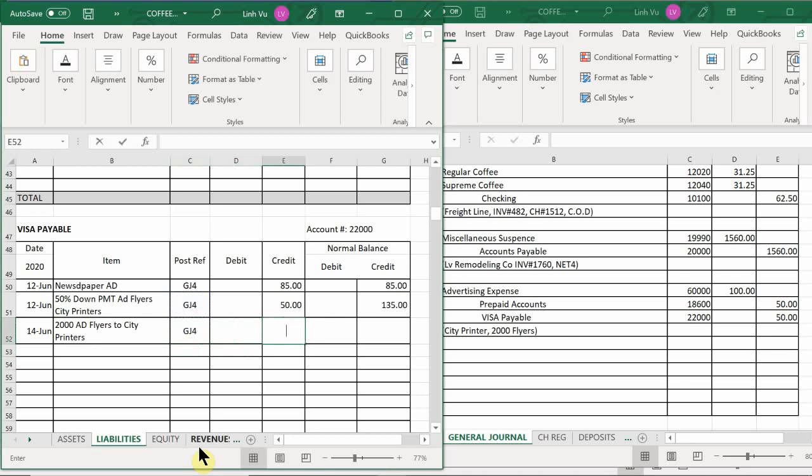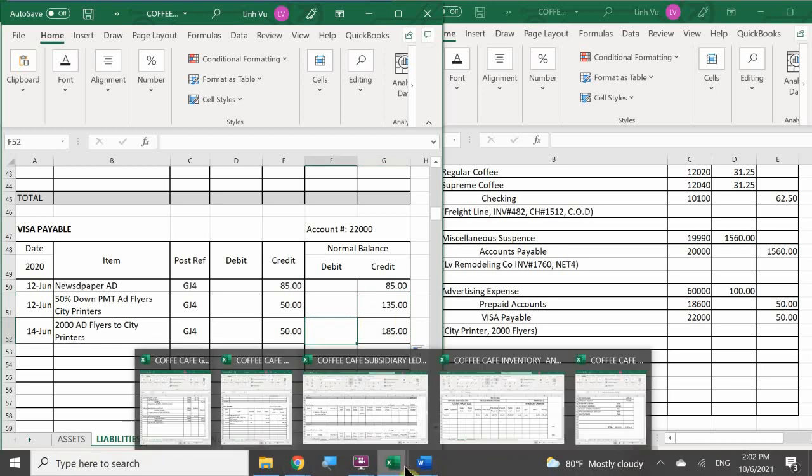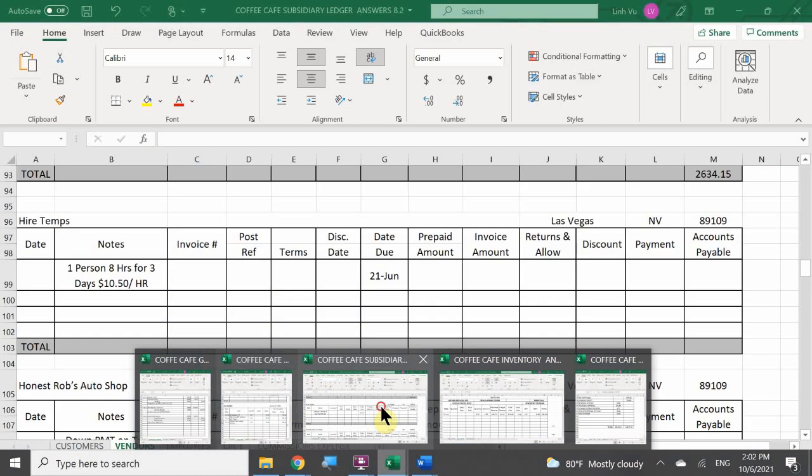We credit for $50. So we have 185. Good. We go into the subsidiary ledger.